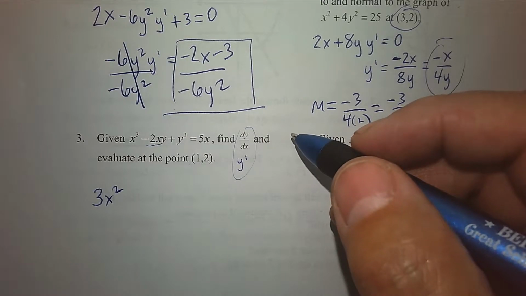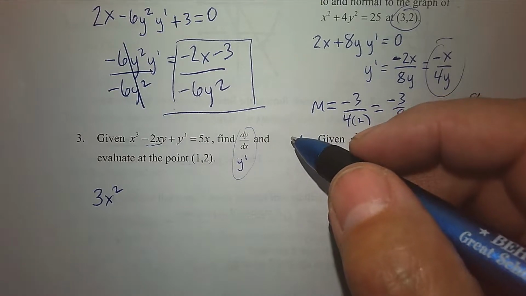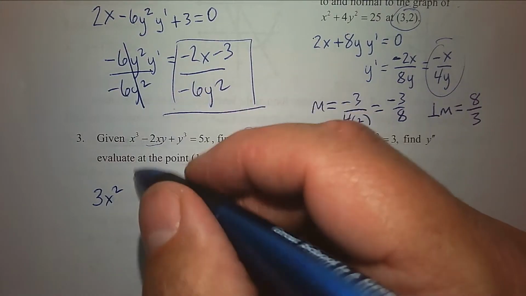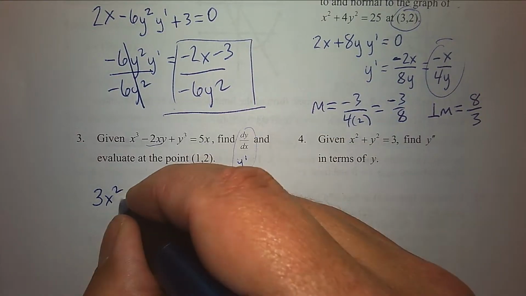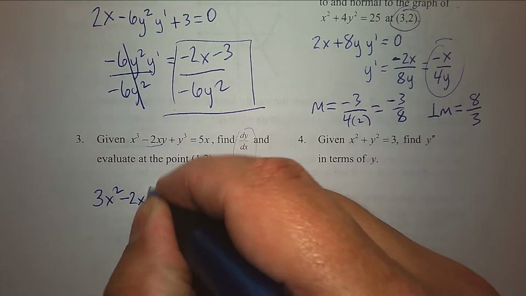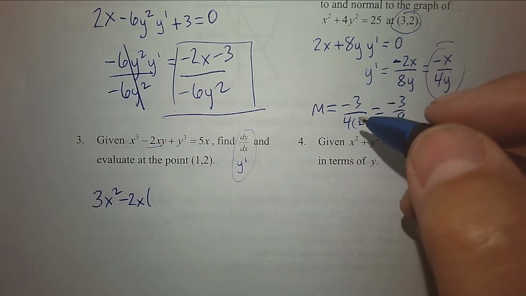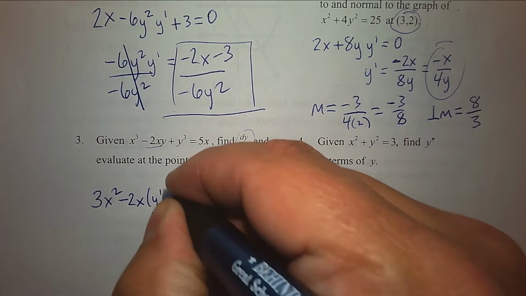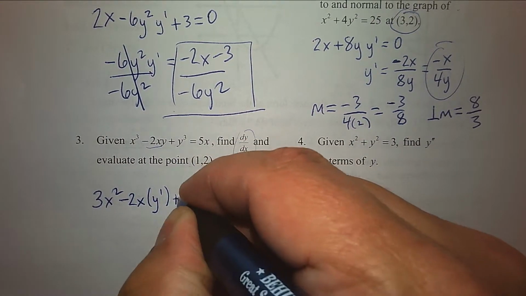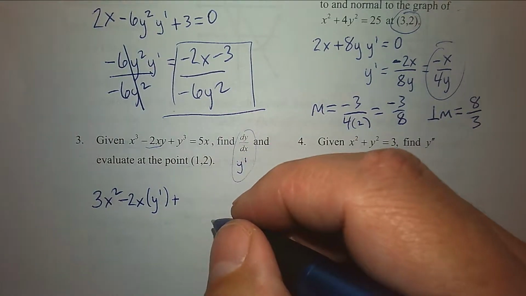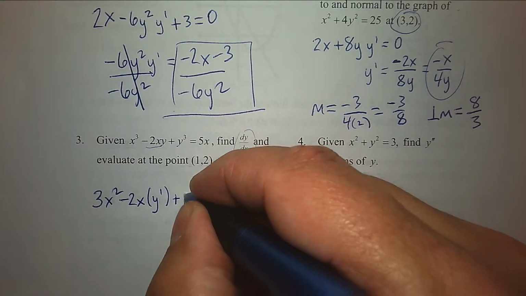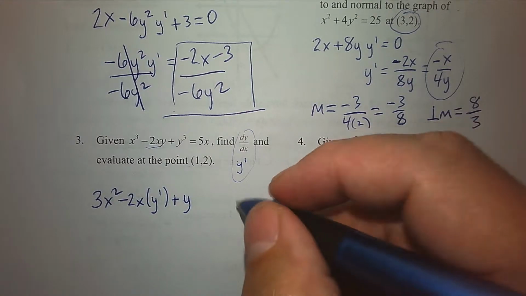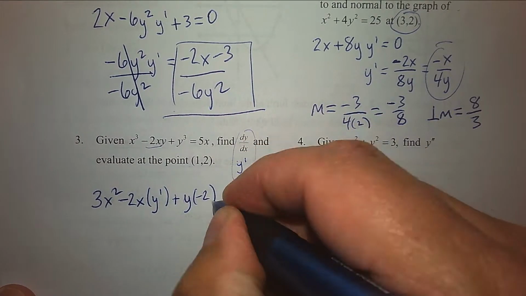What is the product rule? The first. What did I tell you the first was? Negative 2x times the derivative of the second. And the derivative of y is just y prime plus the second, which is y, times the derivative of the first, negative 2x, which is negative 2.